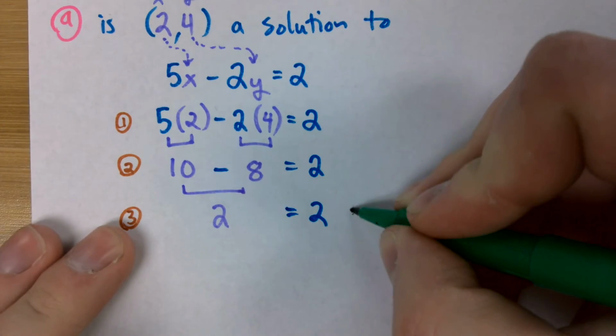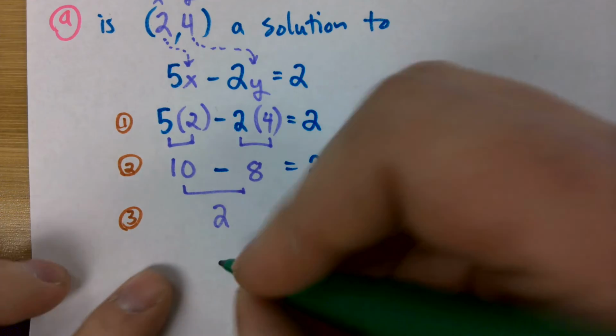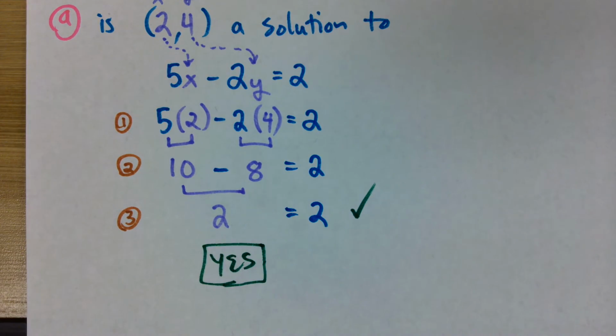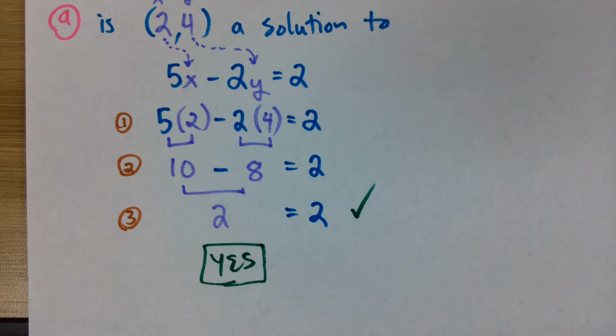We know that that is true. We're going to give it a check. And then we're going to say yes, because our question was, is this point a solution? Yes. We plugged it in, we simplified it, we got a true statement. Our answer to that question then is just yes.